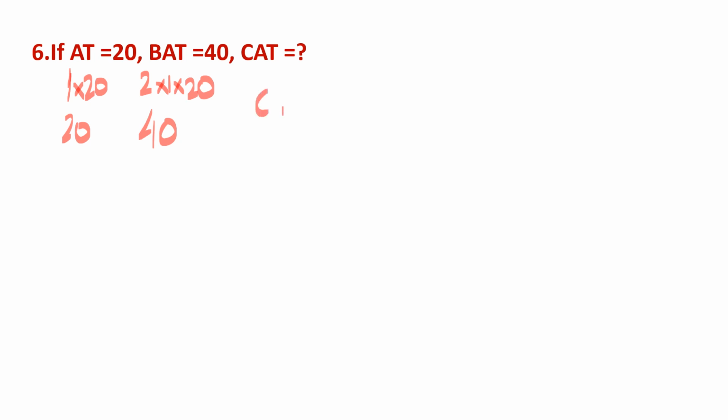CAT, 3, 1, 20. 3 into 1 into 20 is 60. So CAT is equal to 60.